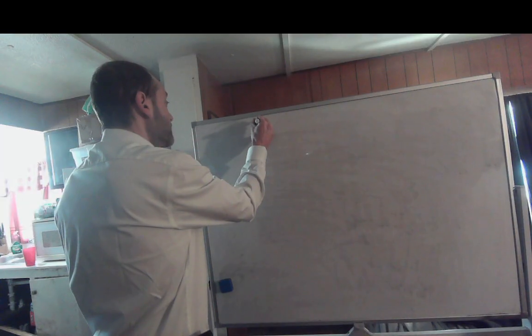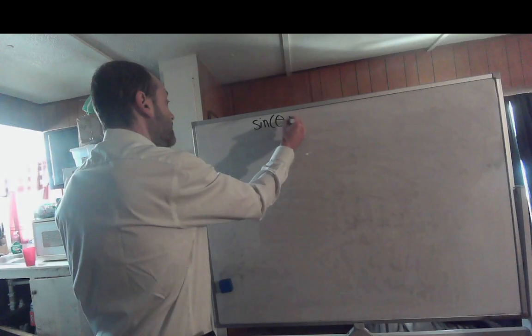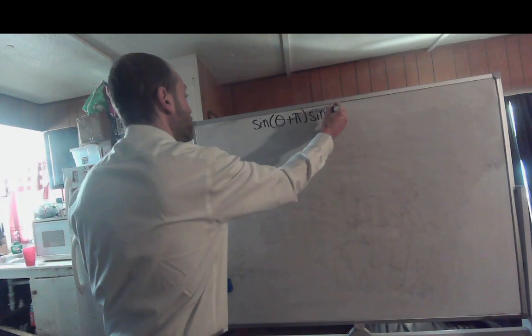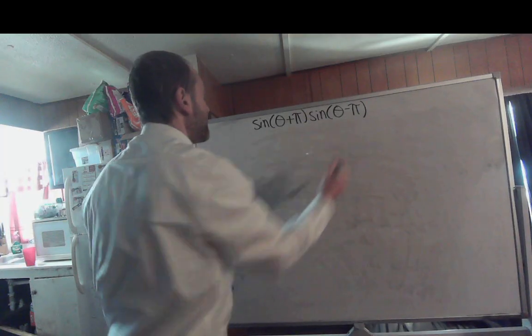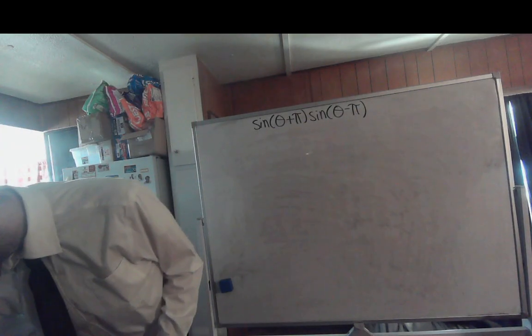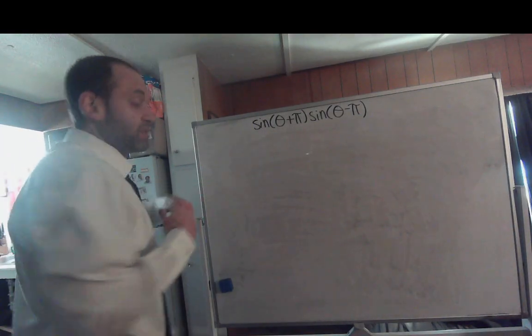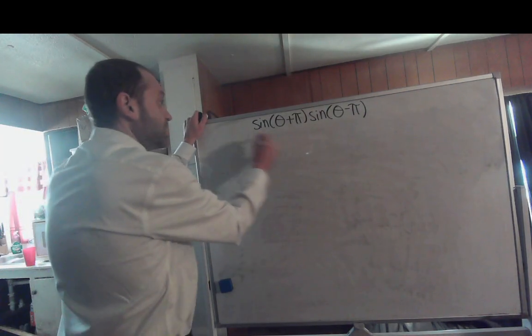We have the sine of the quantity of theta plus pi times the sine of the quantity of theta minus pi. Well, we have the product of two sines, so let's use the product of sum formula for the two sines.